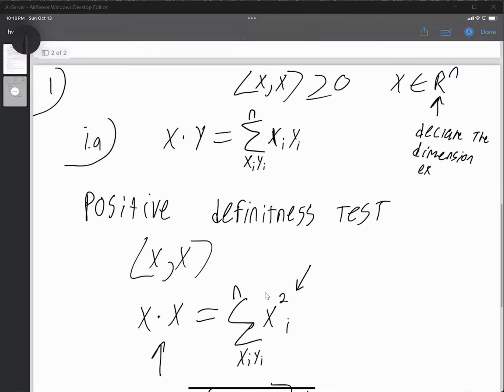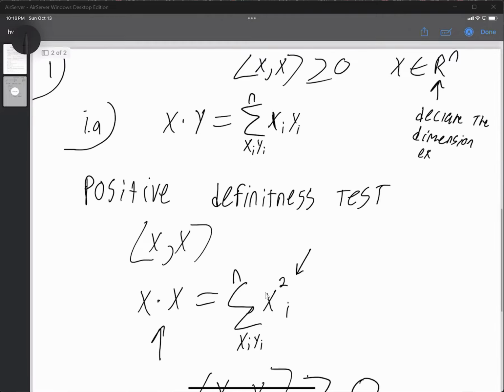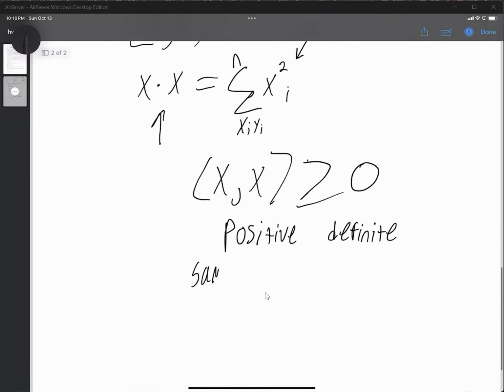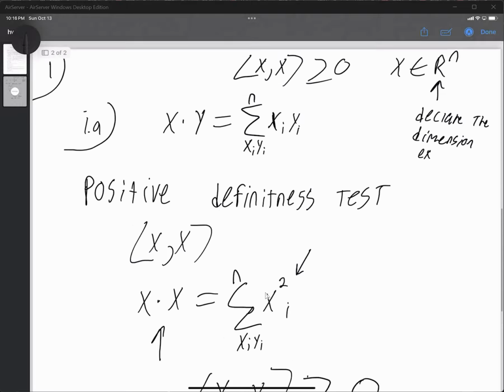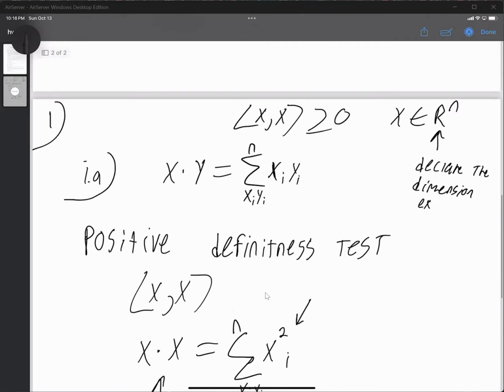And if you were to do the same thing for y, it would be the same. Same for y comma y, right? You can say that you're just declaring, you compare x with itself.